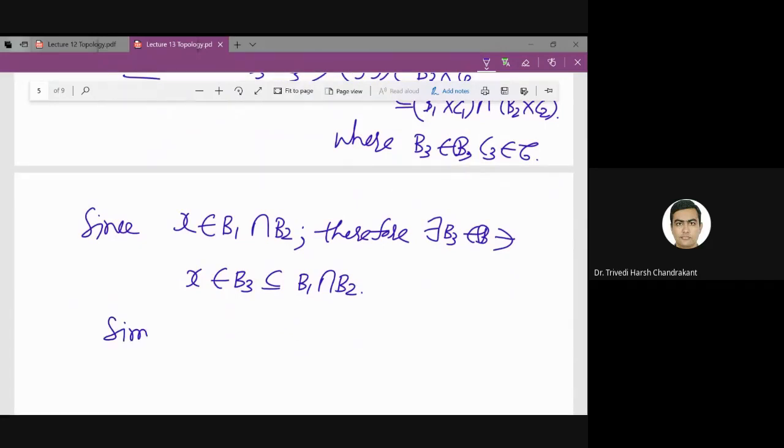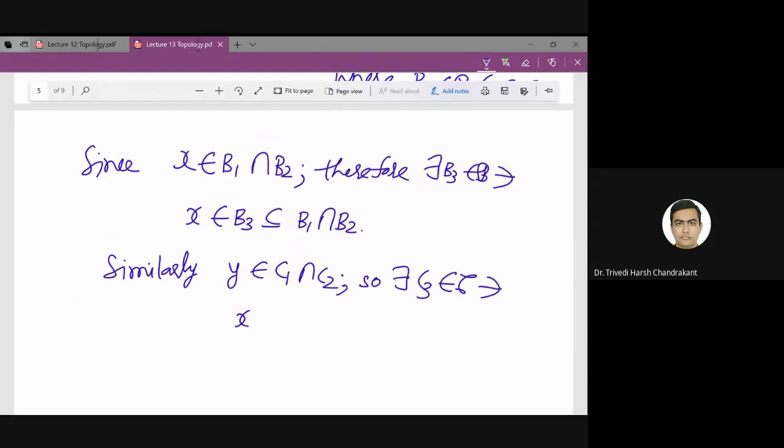Similarly, y is an element of C1 intersection C2, so there exists C3 in the family C so that y is in C3, which is contained in C1 intersection C2.